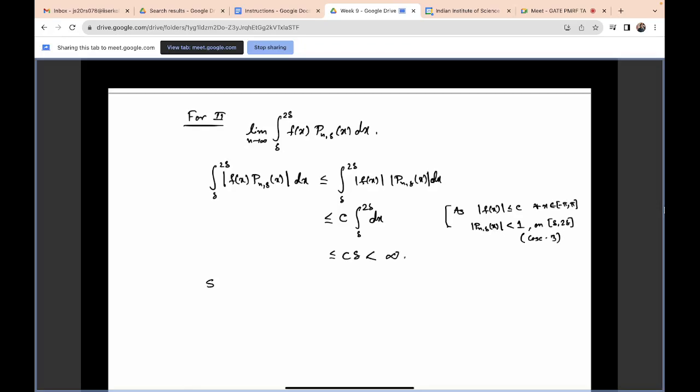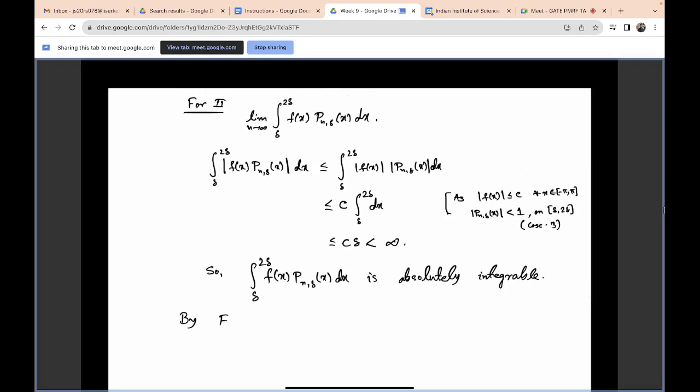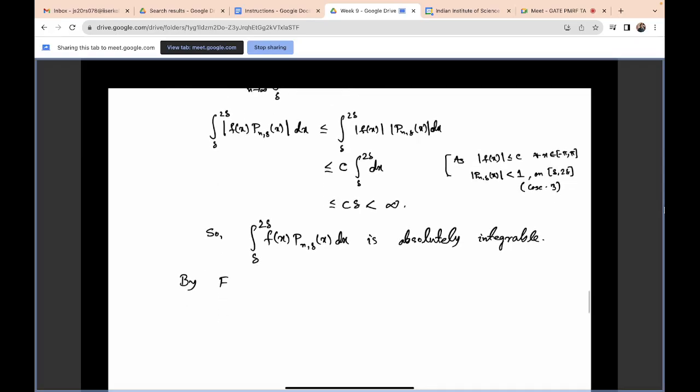So the integral from delta to 2 delta of f(x) P_n,delta(x) dx is absolutely integrable. Therefore we can use Fubini's theorem. Fubini says that you can interchange the limit and integral if the integrand is absolutely integrable.